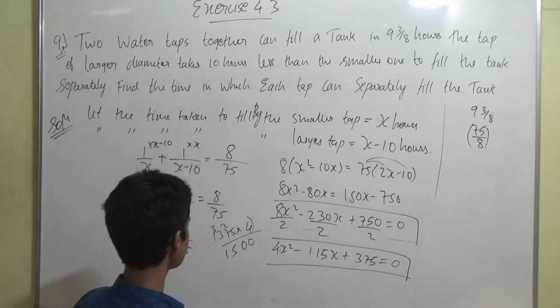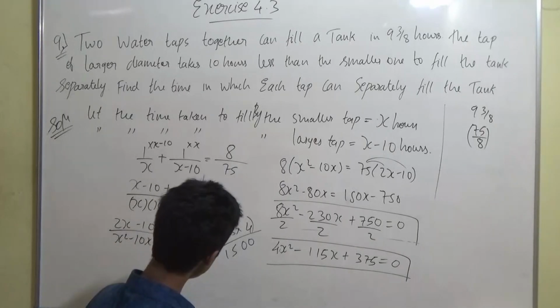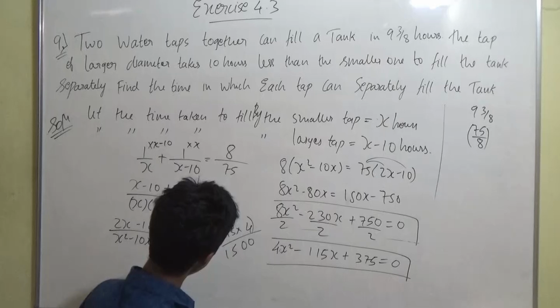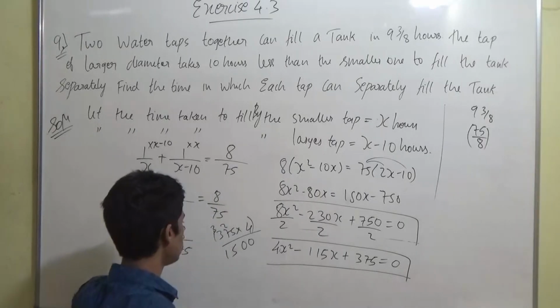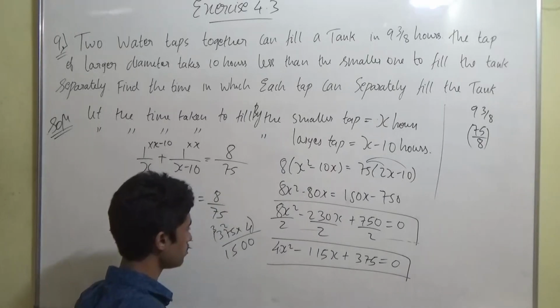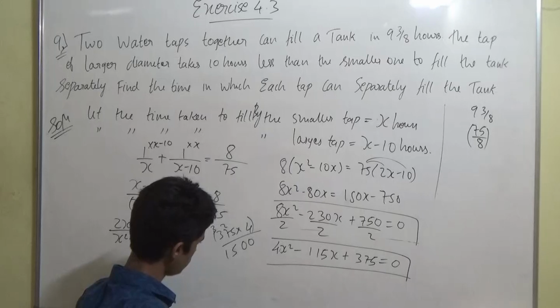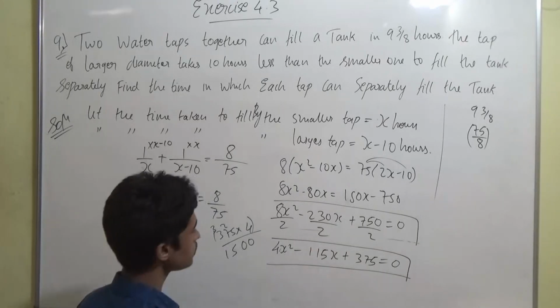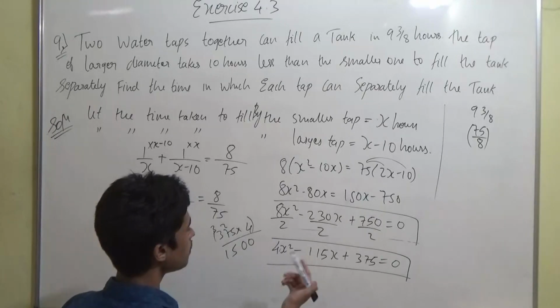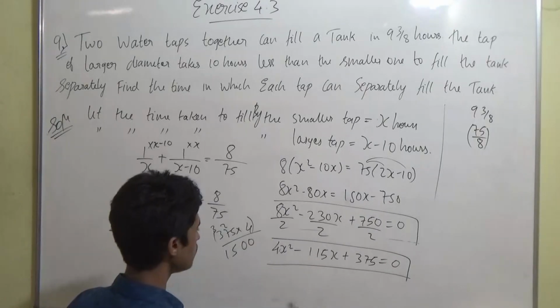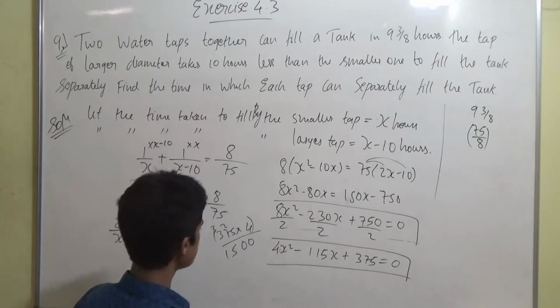Or we can do 150 into 10, or else 30 into 50. Just a minute guys, give me some time. Okay, 15 into 100, it is possible. Here it is minus 115, right? So it is minus 15 minus 100, and if you multiply them, you will get 1500.